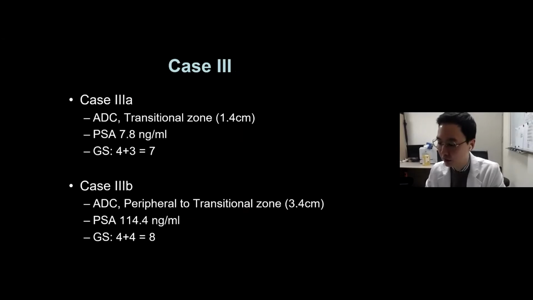The second case was an adenocarcinoma in the peripheral to transition zone, the size was bigger, PSA was 114, and Gleason score was 4+4. So you can imagine that PSA level, Gleason score, or tumor size can be indicators we can assume for high SUV or high FDG avidity.